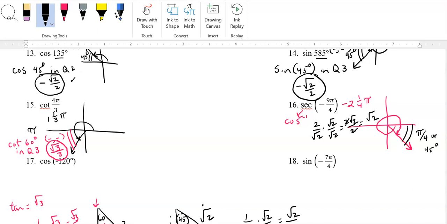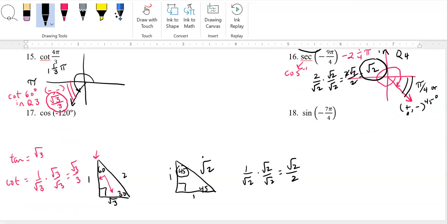Now in quadrant 4, are cosine and secant positive or negative? In quadrant 4, X is positive, Y is negative, so cosine and secant are positive. So square root of 2 ends up being my final answer.